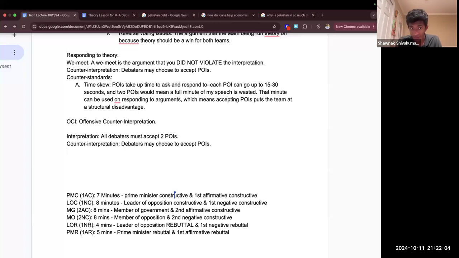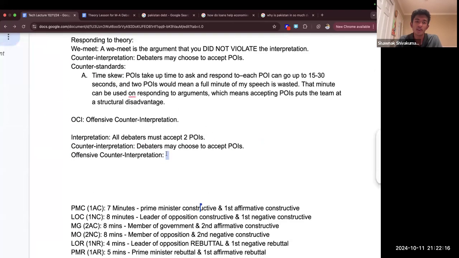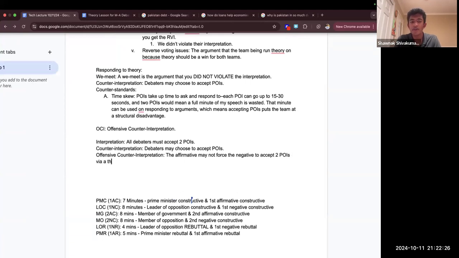An offensive counter interp, which is what you probably want to run, is different. I'll write it first. The affirmative may not force the negative to accept two POIs via running theory.